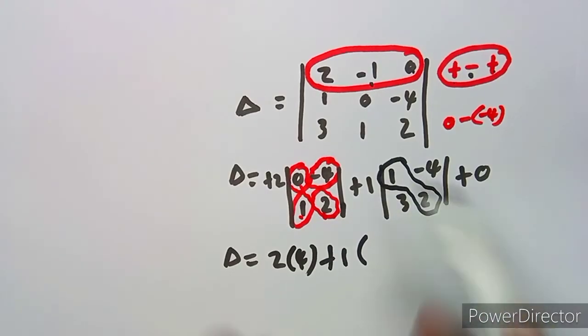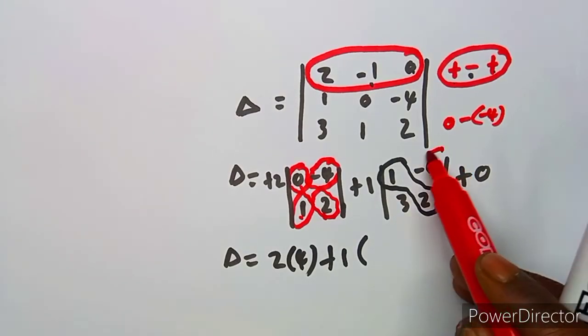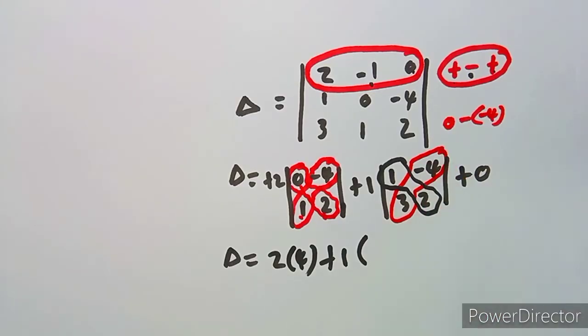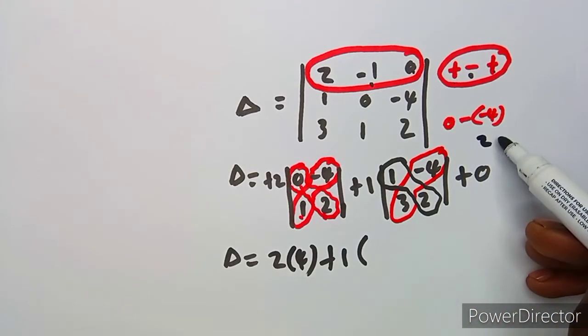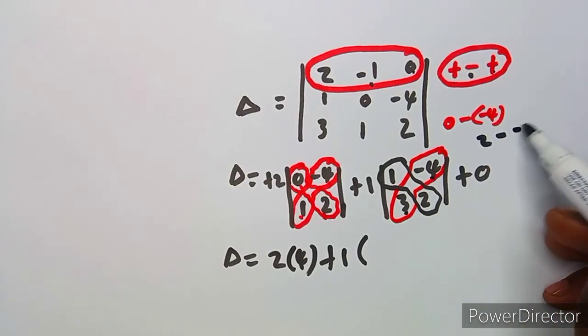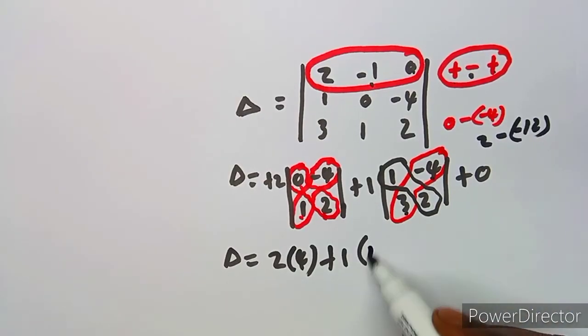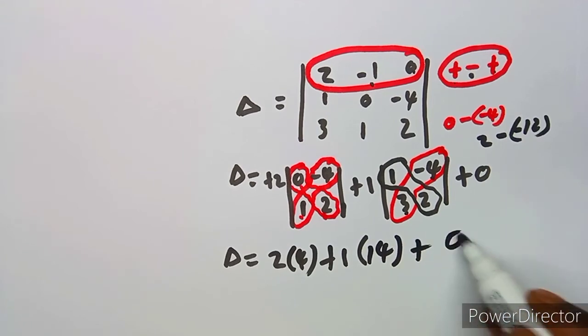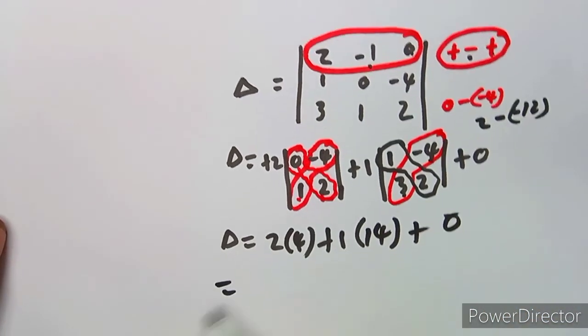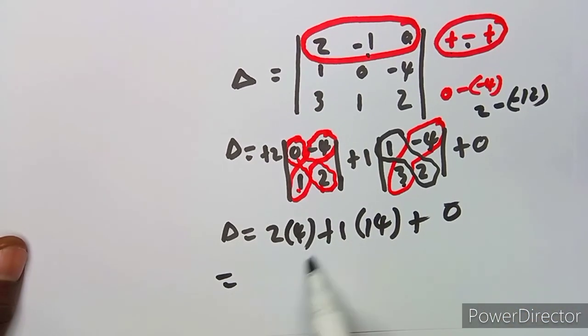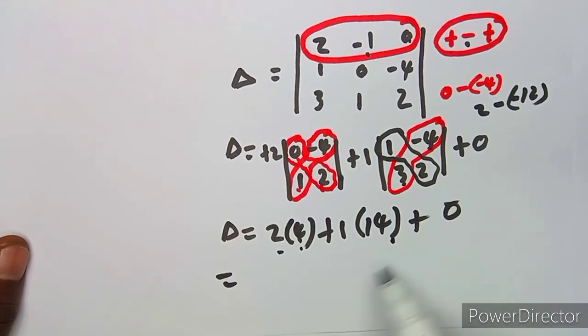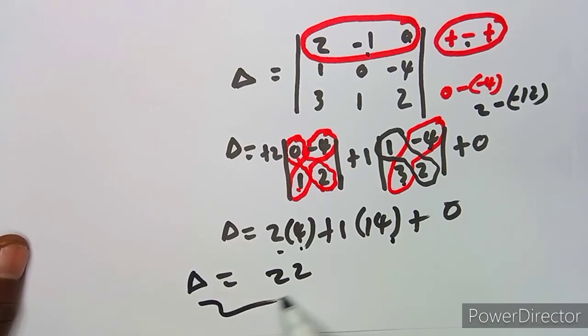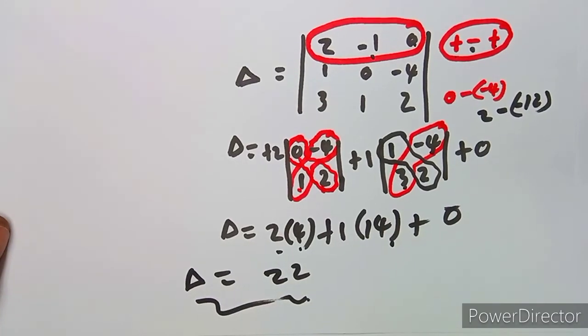This is your major diagonal minus your minor diagonal. So it's 1 times 2, which is 2, minus 3 times minus 4, which is minus 12, and this is going to give us 14. Okay, plus 0 there. So there's nothing. 2 times 4, which is 8. 8 plus 14, which is 22. So that's your determinant of constants, which is 22, like that.